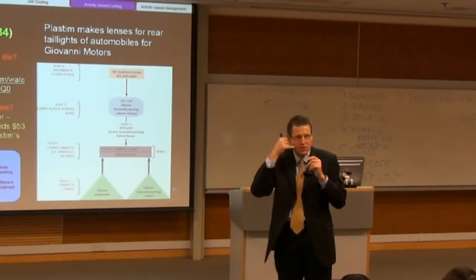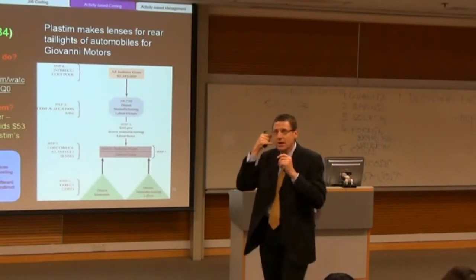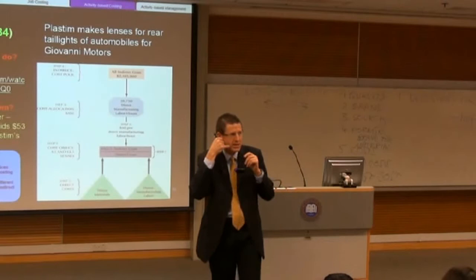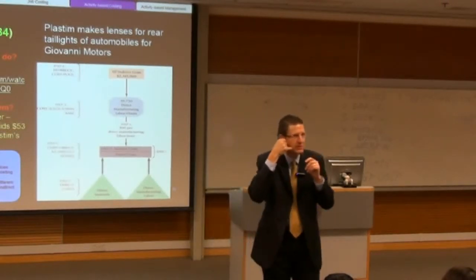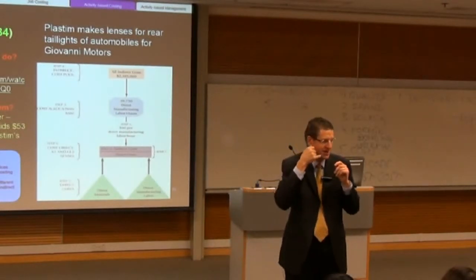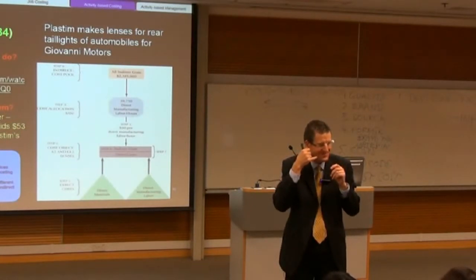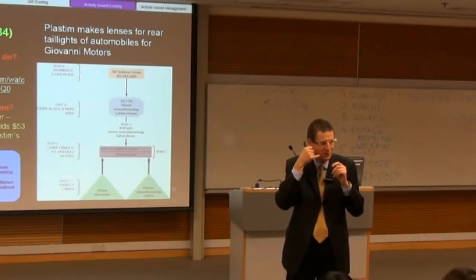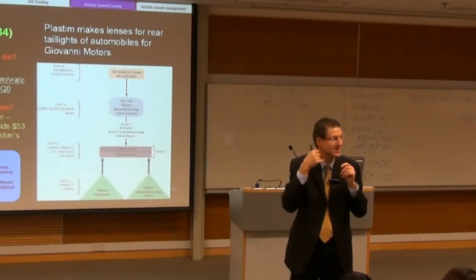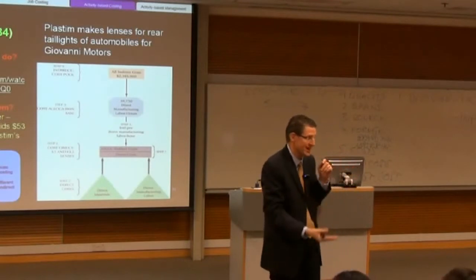And so the manager of Giovanni Motors gets on the phone to Plastim and says, "Hey, I know you're doing a really good job for us. We love you. We love your visiting. We love your deliveries on schedule. Your quality is great, but we've just had an offer from a competitor, and they're a little bit cheaper than you. Can you help us?" So there's a big decision that Plastim have to make.